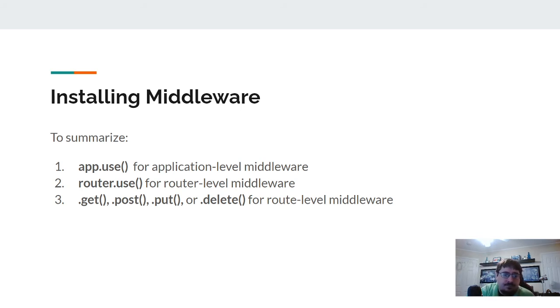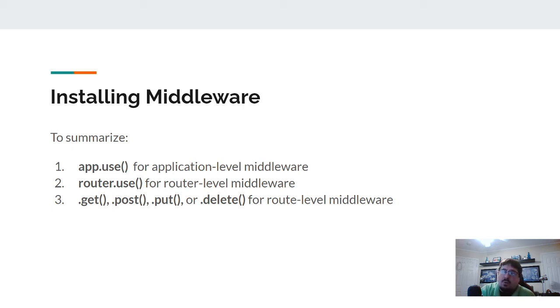So, for instance, if I wanted to install the URL encoded middleware, I could install that in any of these 3 levels. It doesn't have to be the application level. If I install it in the application level, then I don't need to bring in URL encoded anywhere else, right?